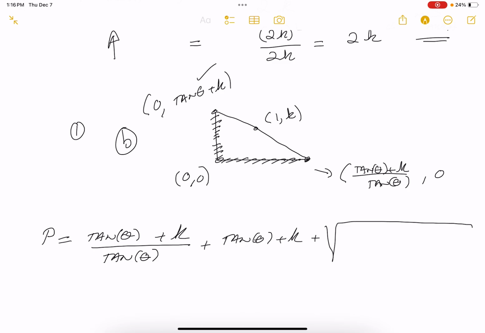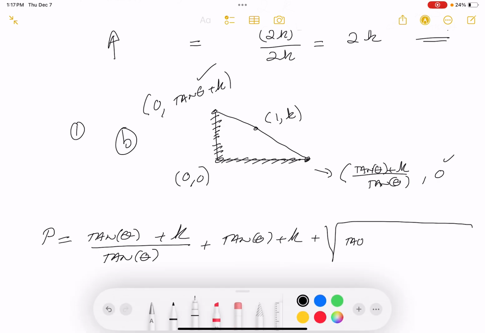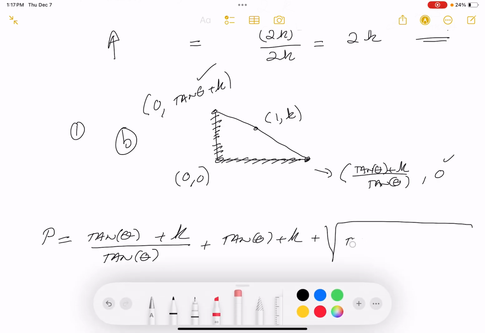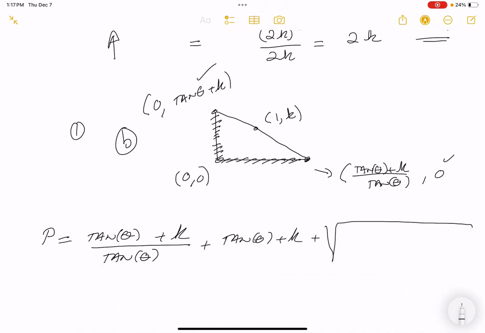I mean, the change in the y's, that's going to be tan theta plus k. Oops. Let me just go get my eraser out. So tan theta plus k, and it would be minus 0, by the way, but I'm not going to write that down.